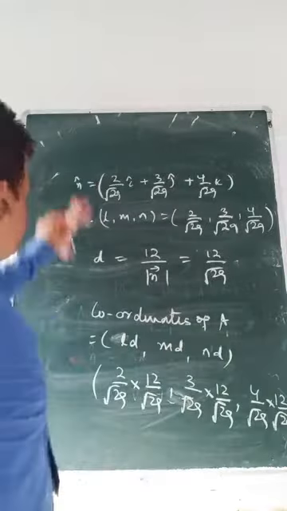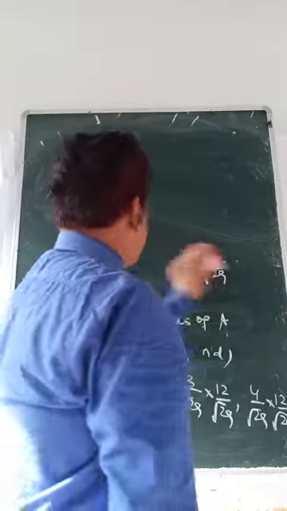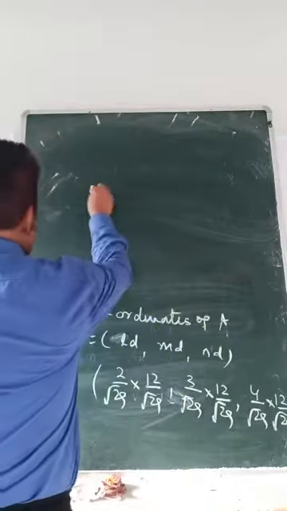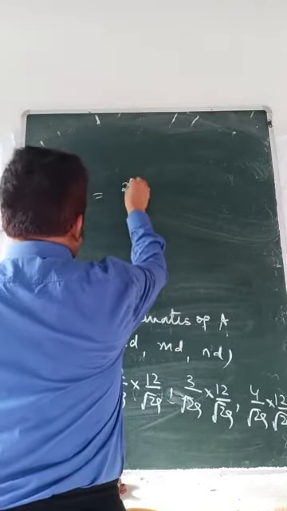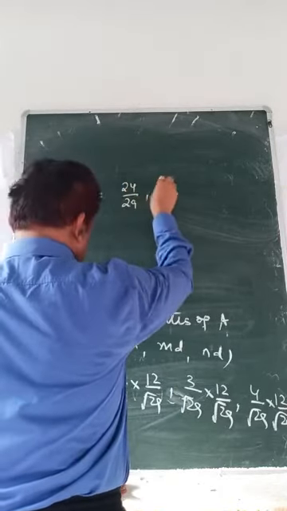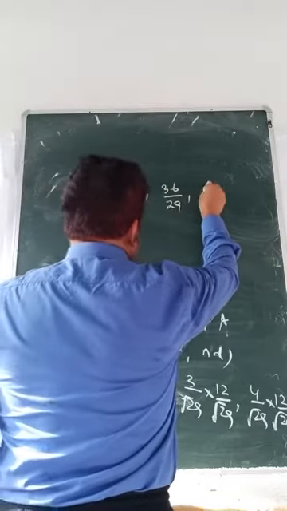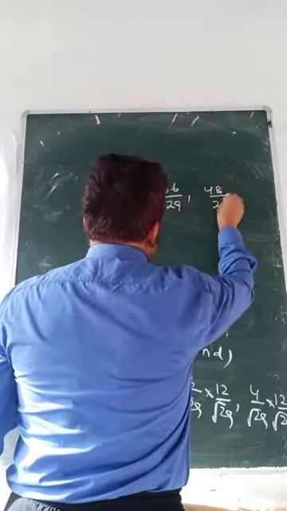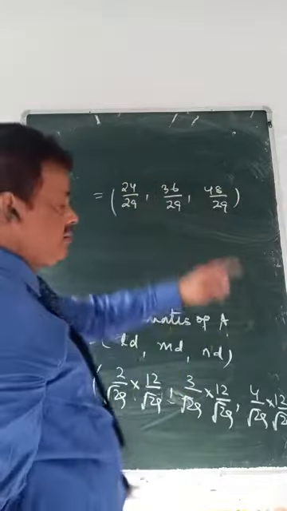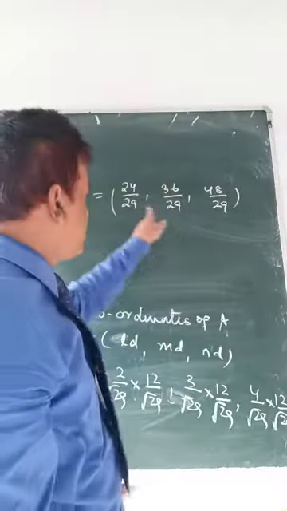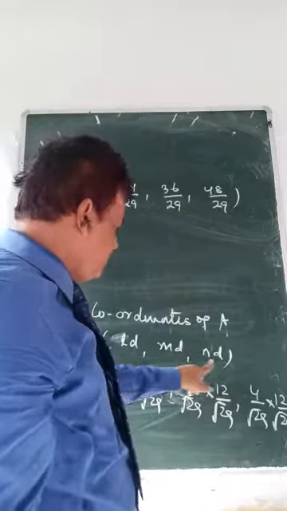So that gave you 24 by 29, 36 by 29, 48 by 29. Exactly the same answer you got here.